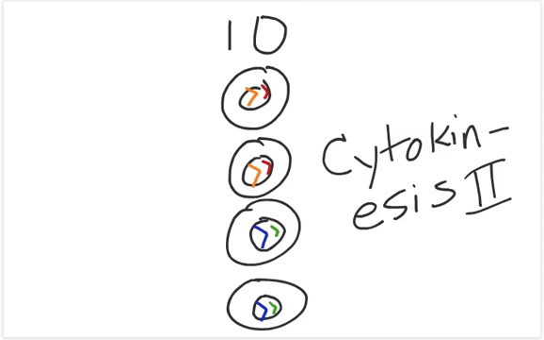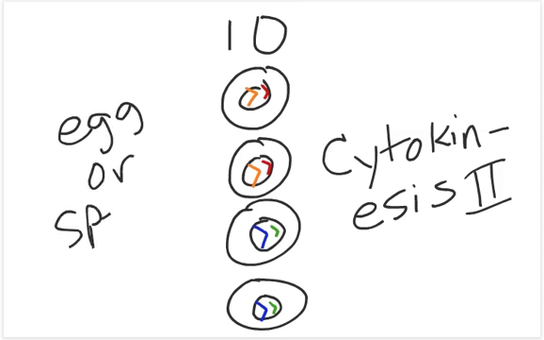So it could be that the blue one gets with the red one next time, or the orange one, and you have 23 pairs of these, so the combinations are pretty much endless. All right, and then these would end up being egg or sperm cells. That's how we make them.